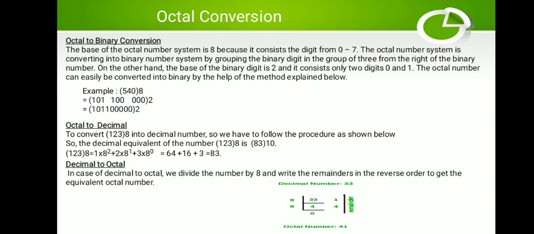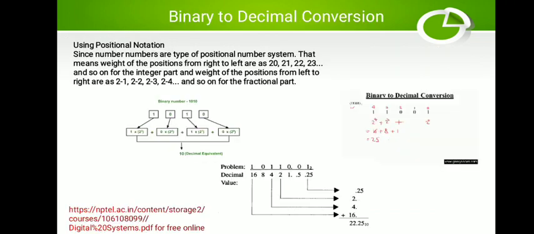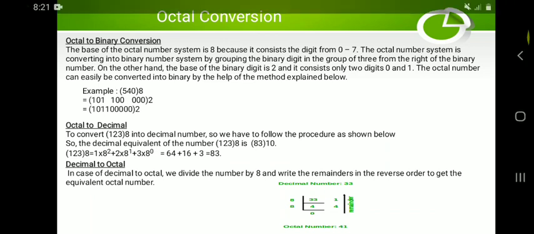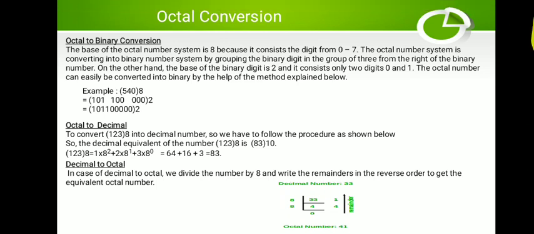Now suppose we again have a fractional part in it. When we have a fractional part, what process do we follow? The process we do is multiplication of the given fractional part. After the decimal point, whatever fractional number we get, we multiply it by the base, that is 8.